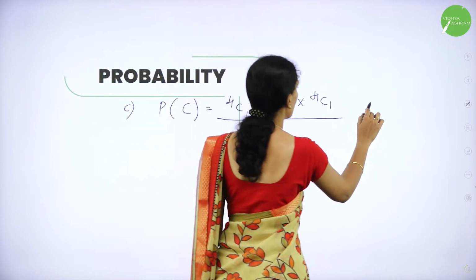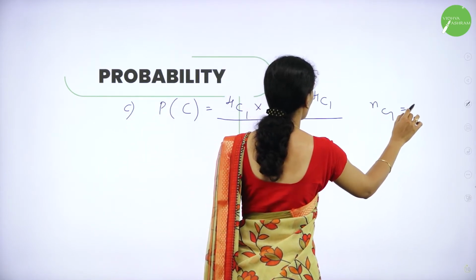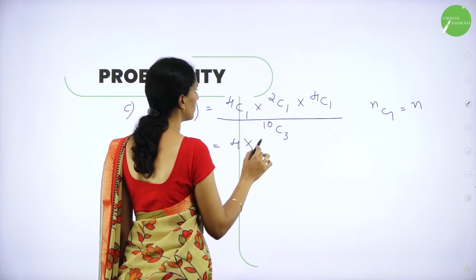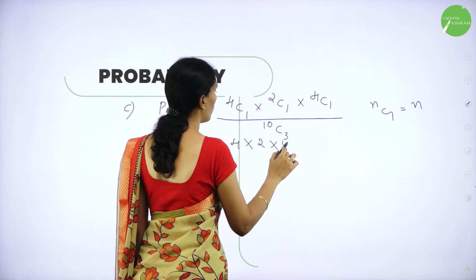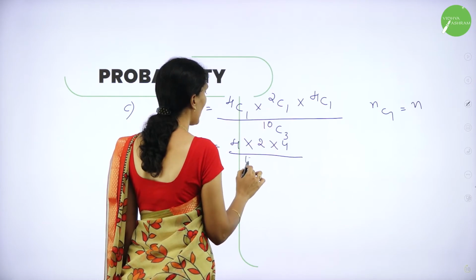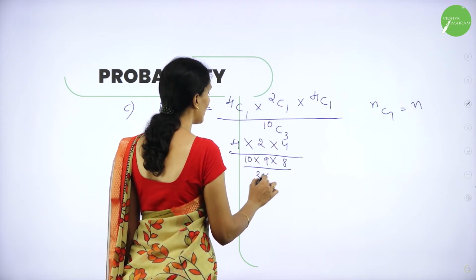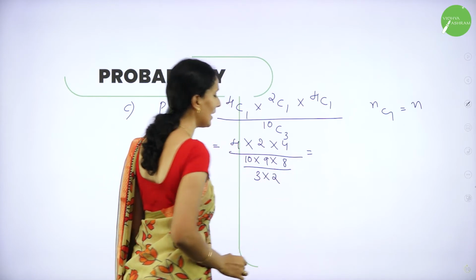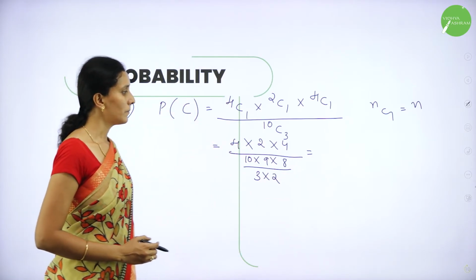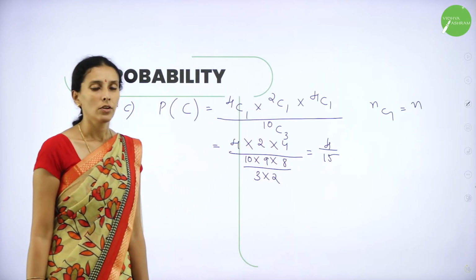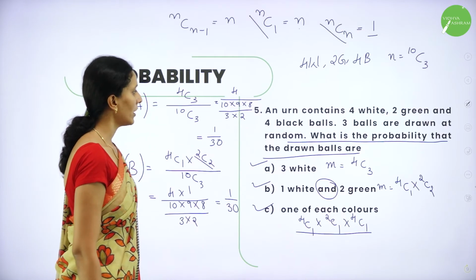Use the concept of nC1 which is equal to n. So here, 4 into 2 into 4 divided by 10 into 9 into 8 divided by 3 into 2. On calculating this, we will get 4 by 15. So this is the answer to the question given here.